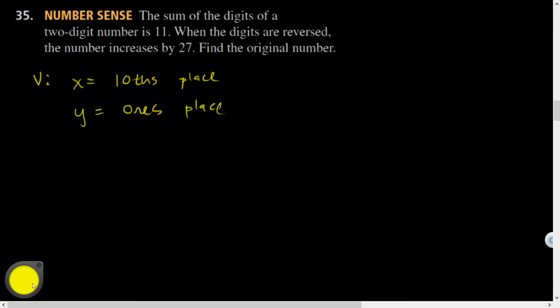One thing I just want to point out is my number would then equal, I can't just write xy. It would actually be 10x plus y, which I don't think is obvious.